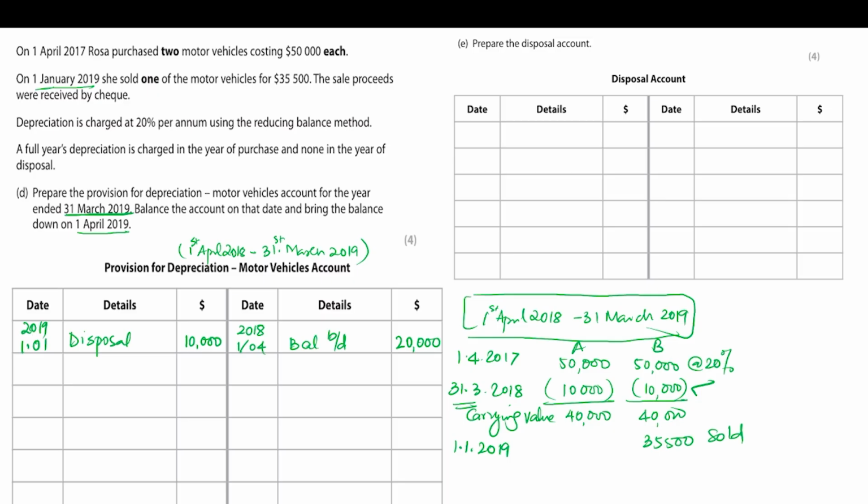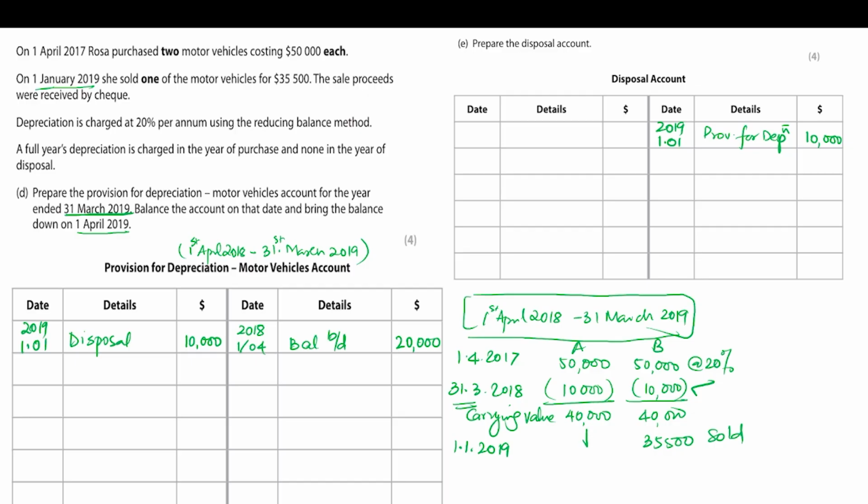So we will go to the disposal account. In the disposal account also, 2019 1/1, 1st January, I'm going to say provision for depreciation 10,000. So both have the contra entry, the dual aspect, one debit and one credit. Followed by that, we have to calculate the depreciation for the remaining motor vehicle.